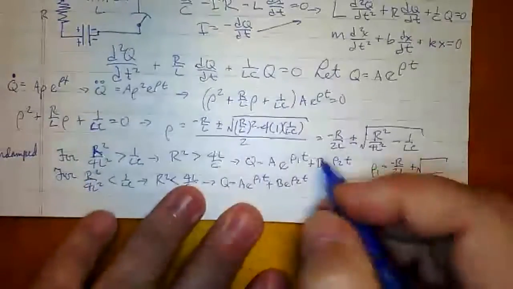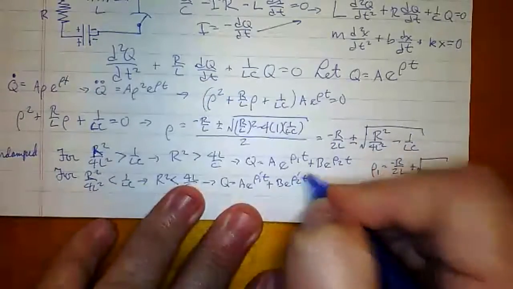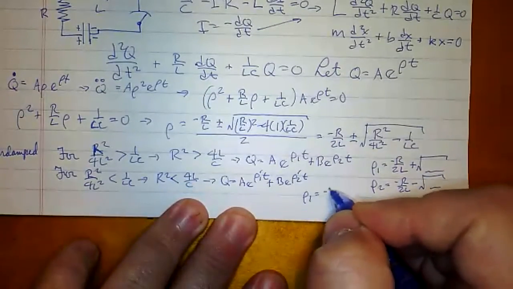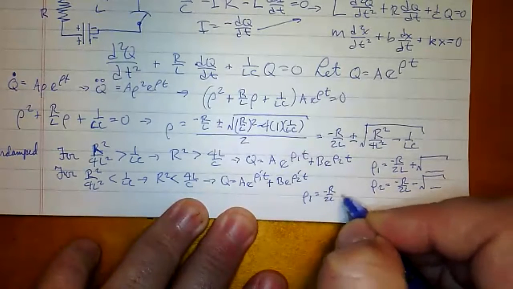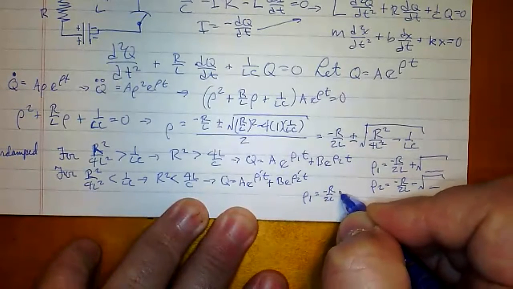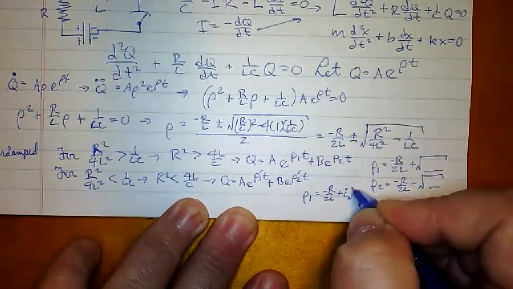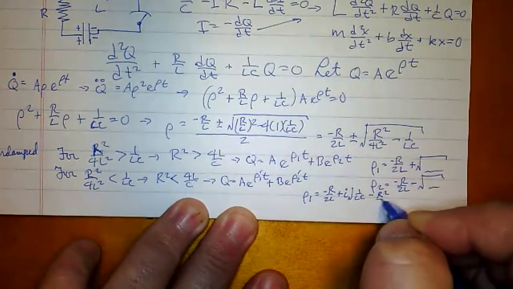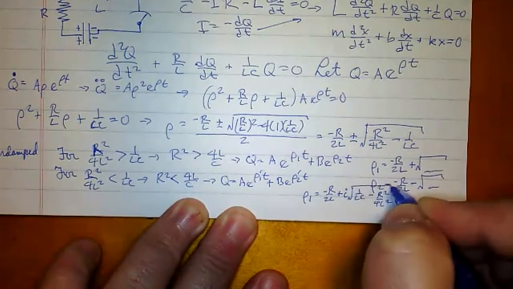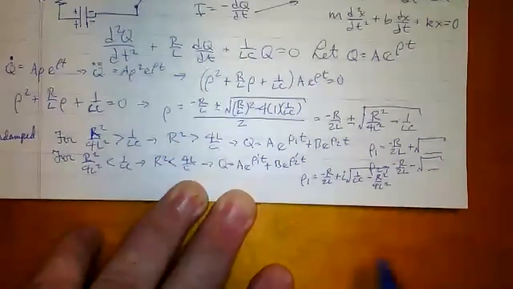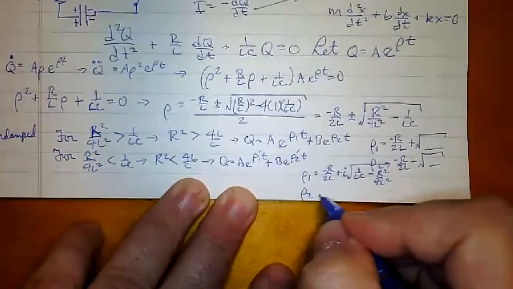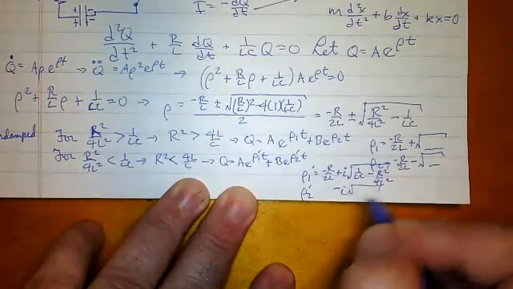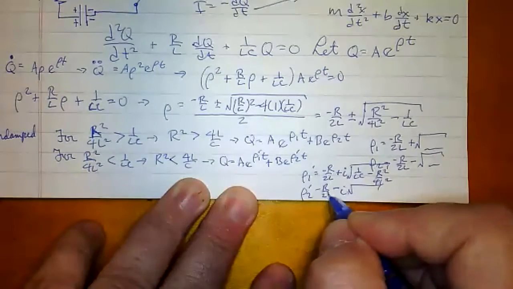But in this case, let's call them prime just to keep them from getting confused. In this case, rho 1 prime is equal to negative R over 2L plus i times the square root of 1 over LC minus R squared over 4L squared. And then rho 2 prime is the same thing, but minus i times the square root, and negative R over 2L.